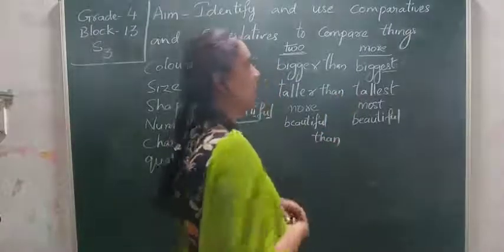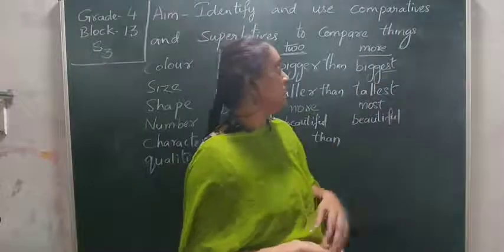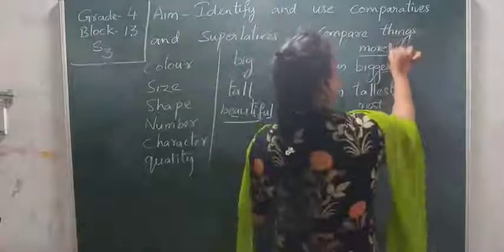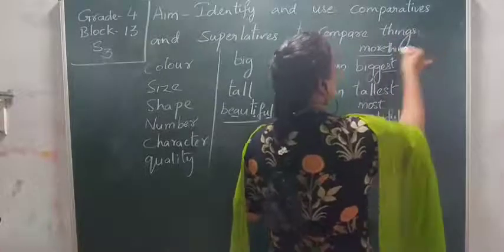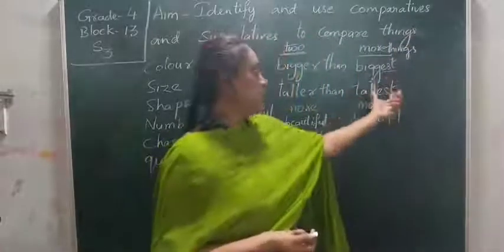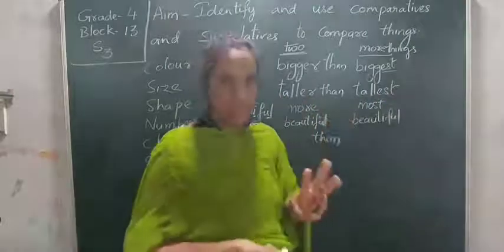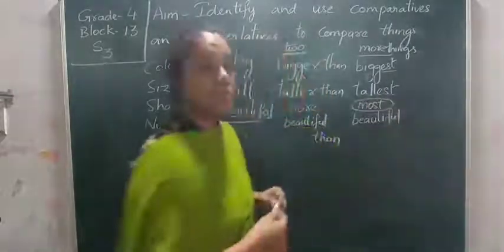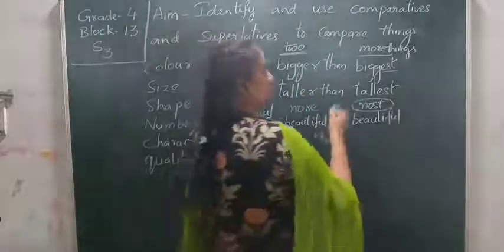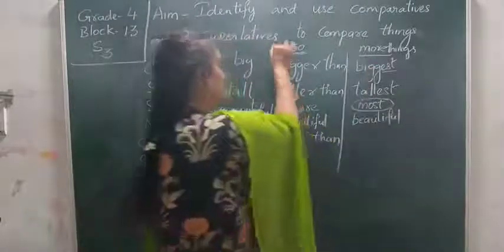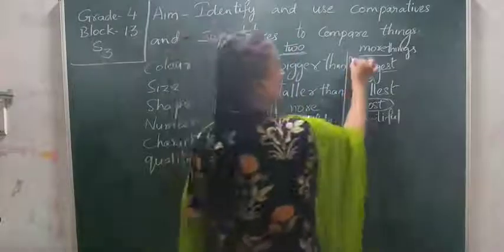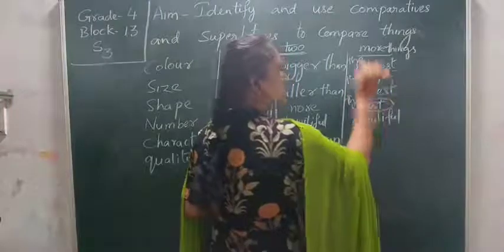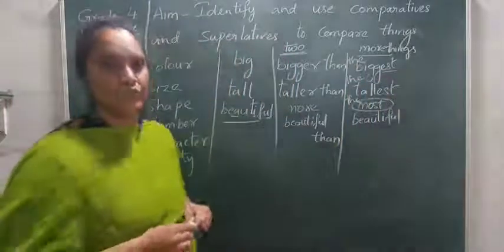In the same way, for the biggest, here there are more things, so I am using EST: biggest, tallest. But when it is a 3-syllable word, I am using the word most beautiful. In front of that, I use another word, the: the biggest, the tallest, the most beautiful.